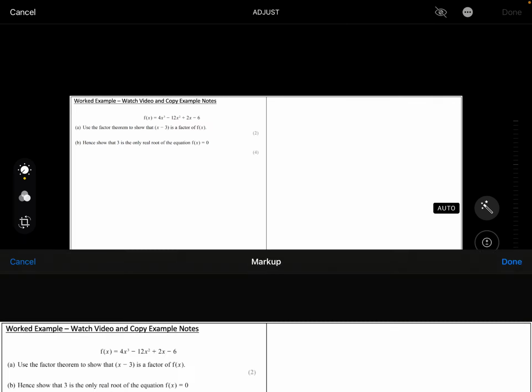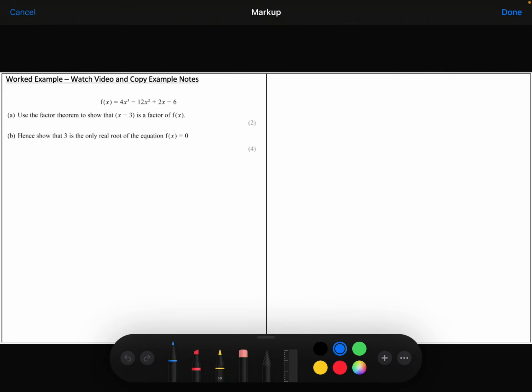So, to help me factorise this, let's do some algebraic division. So I'm dividing my 4x cubed minus 12x squared plus 2x minus 6, and I'm dividing that by x minus 3 because I know that's a factor.